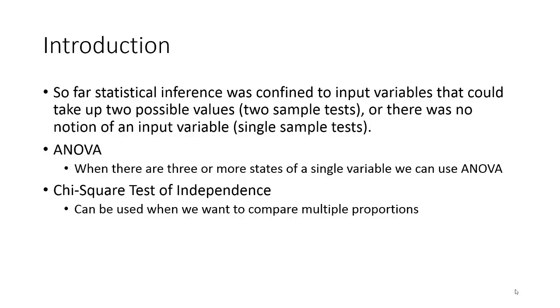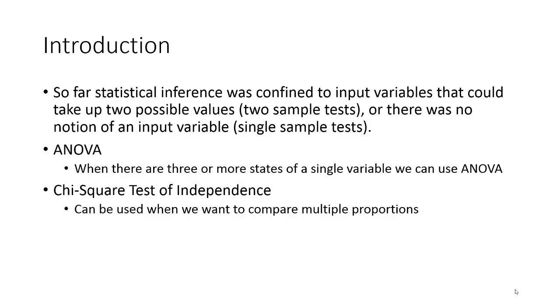For the first time with something like the ANOVA, we take on a case where this variable, which is like the input variable, can take on two or more states. Essentially you'll see it take on three or more states, and that's the real differentiator about ANOVA.